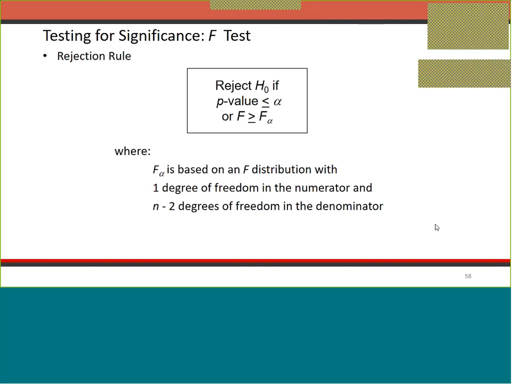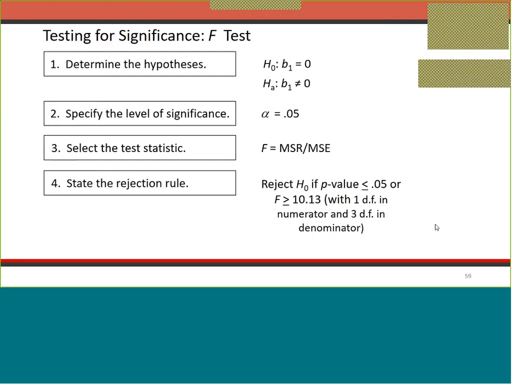Yes, I'm going to solve it. Same method for F test also. So null hypothesis: there is no relationship. Alternative hypothesis: there is a relationship. Alpha is given as 0.05. So F is given by MSR, mean sum of squares due to regression, by mean sum of squares due to error. Reject H naught if p value is less than or equal to 0.05, or F should be above the table value.